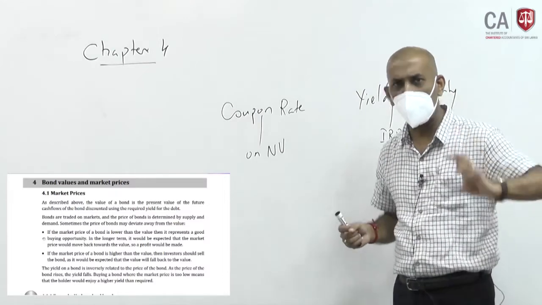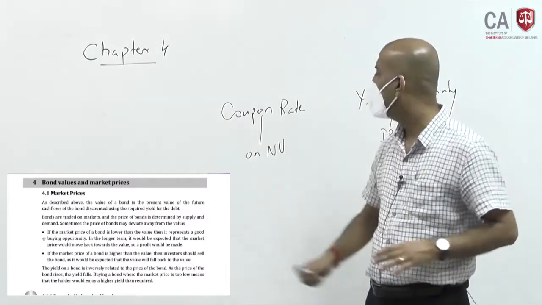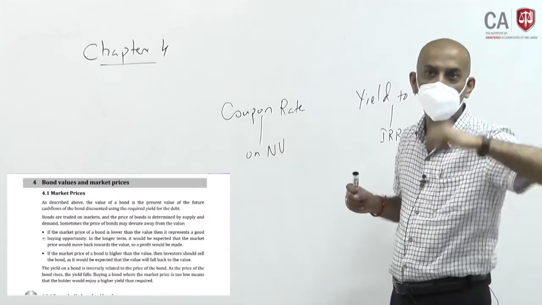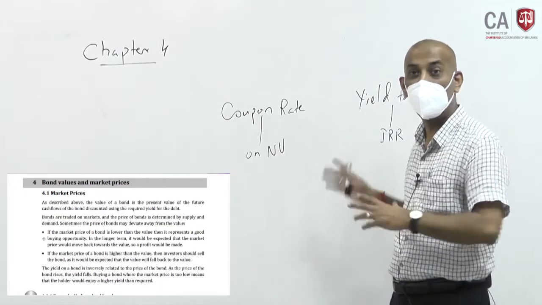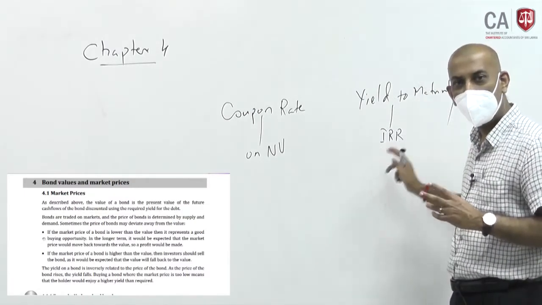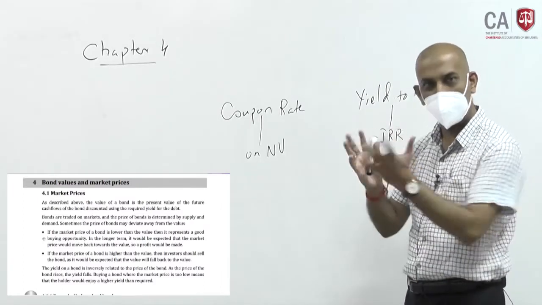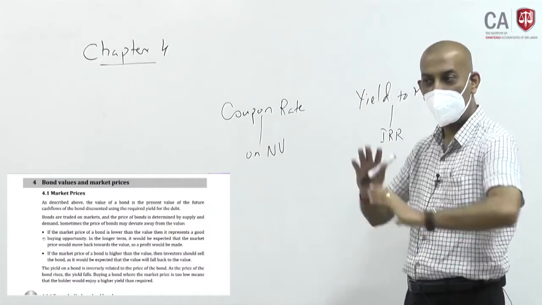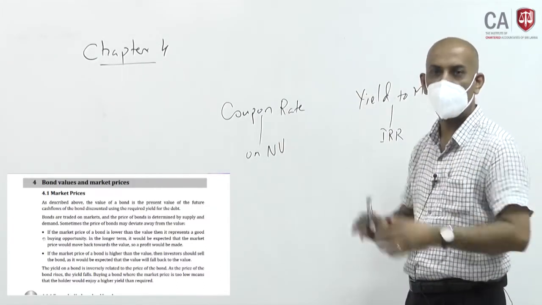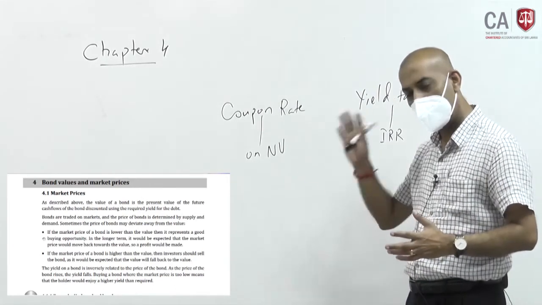But from a cash flow point of view, what you are going to be paid annually is the coupon rate, not the yield. You don't get yield paid by the company. Yield is a calculated number. IRR is always a calculated number. IRR is not something somebody pays you. It is only a calculated number, a return you can get if you do it this way. The coupon rate is the rate you are going to be paid on your nominal value by the corporate or by the government.